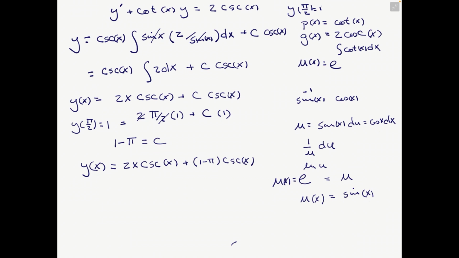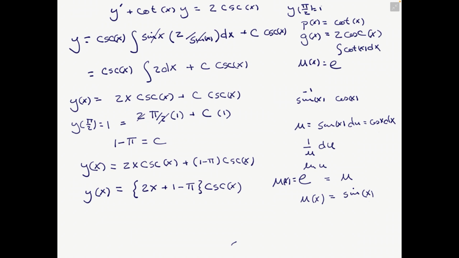And now we can do a little grouping. We got y of x equals 2x plus 1 minus pi, cosecant x. That should be the solution for that.